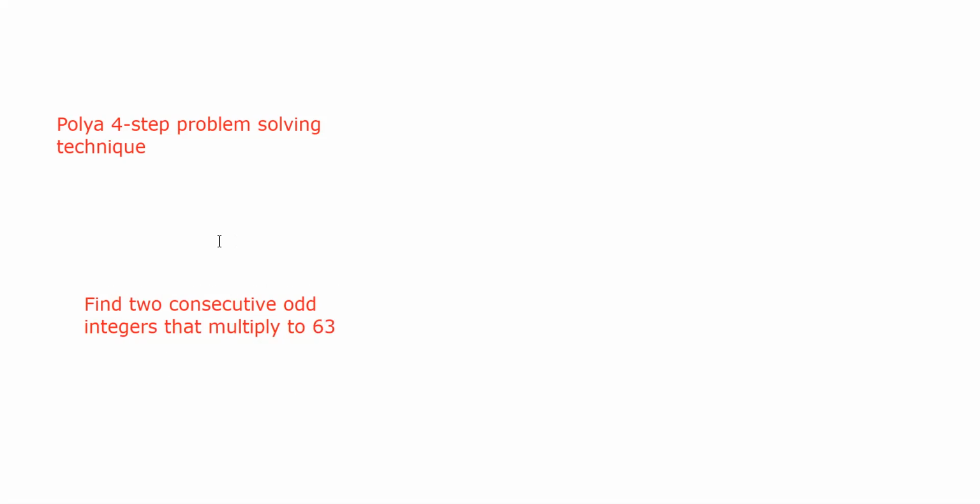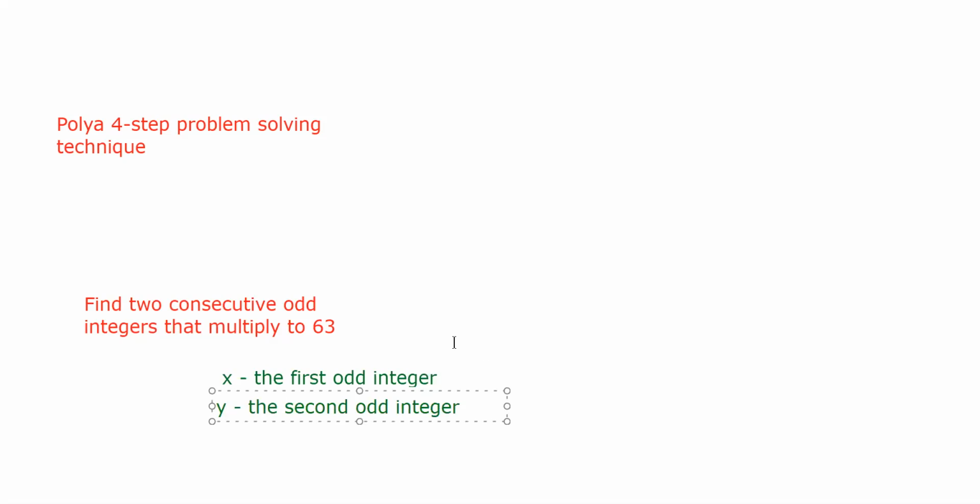Okay, two consecutive odd integers, those are the things we're trying to find. So I'm not even going to think twice about it. I know I need to find two odd integers, so I'm going to let x be the first odd integer. And then I'm just going to let y be the second odd integer. That's a great first step.